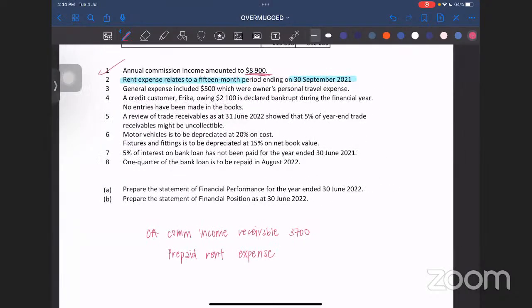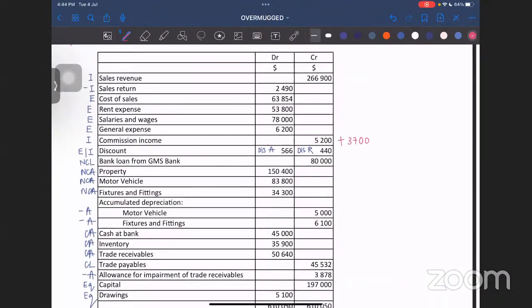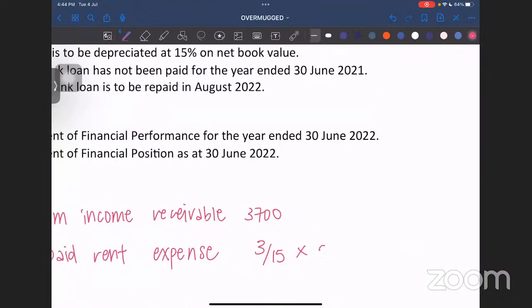So to calculate this, I will take 3 out of 15, multiply by my rent here, 53,800. So you go and punch in your calculator. You should have this amount.